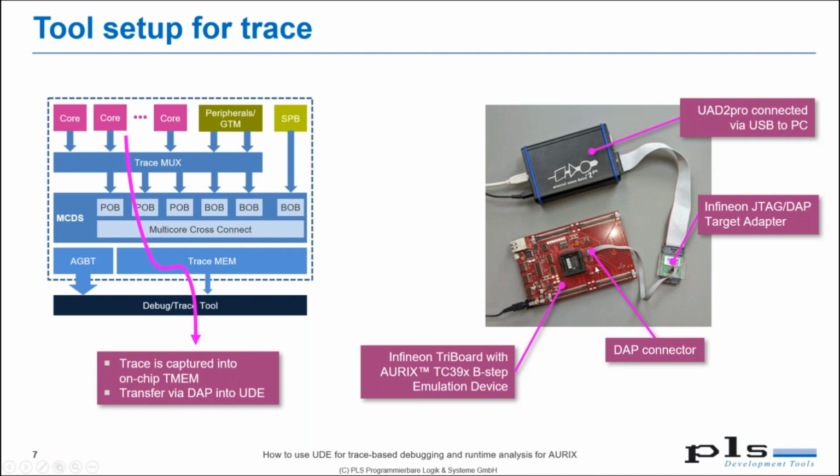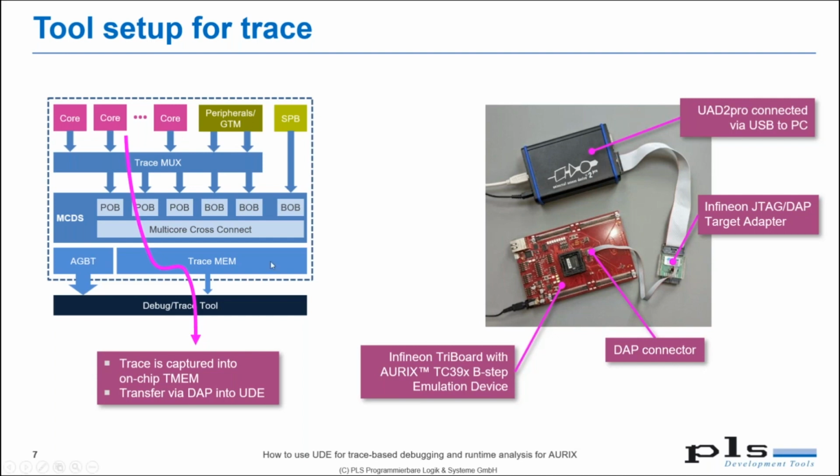That is the debug interface. So the adapter itself is the only device-specific part here in this debugger setup. That means you can also use the UAD2 Pro for other target devices like ARM Cortex or RH850 or whatever.